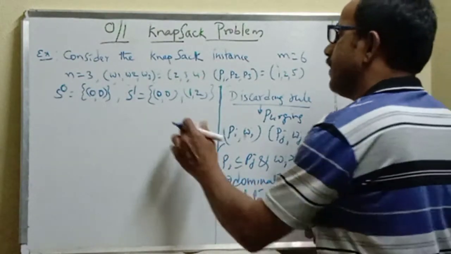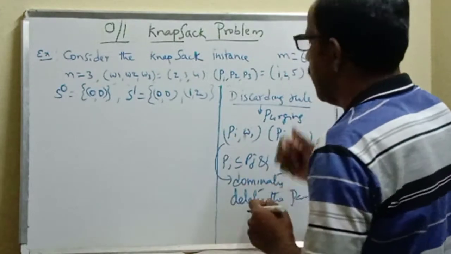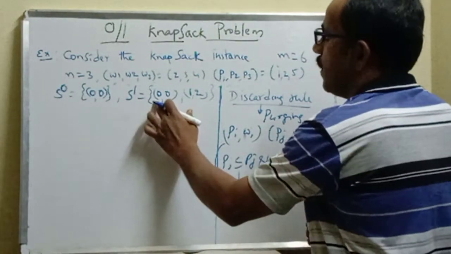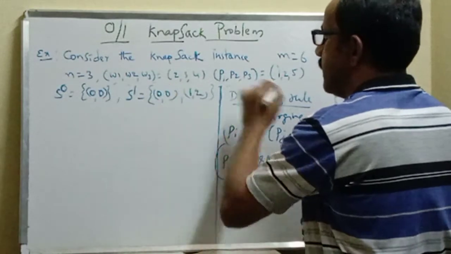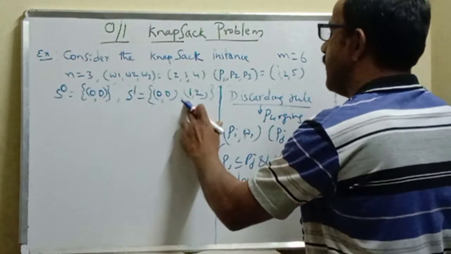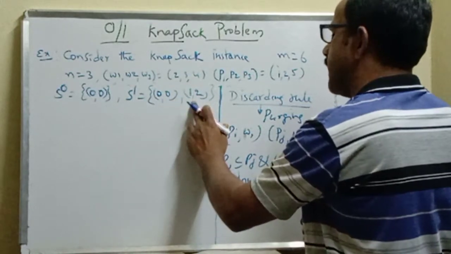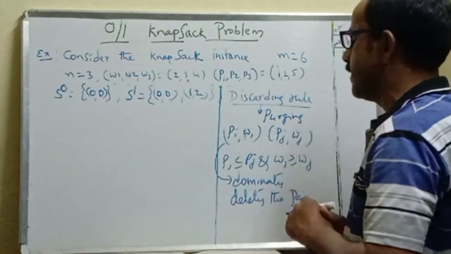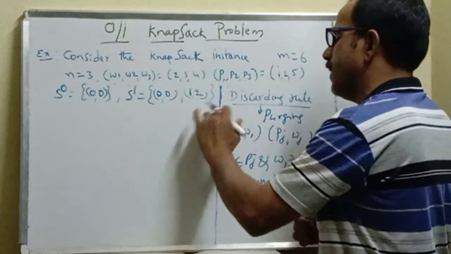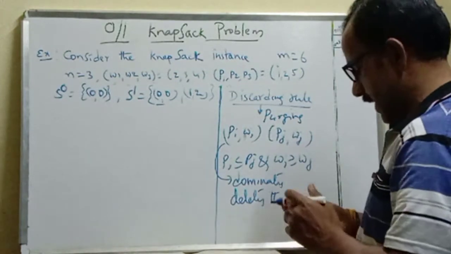But here, after calculating S1, because S0 contains only one pair, there is no need to apply discarding. In S1, assume this is Pi, Wi, this is Pj, Wj. Now 0 is less than 1, so the profit is less than the second pair's profit, and the weight is also less than the second pair's weight. Then this is not dominating, so no need to delete that pair.